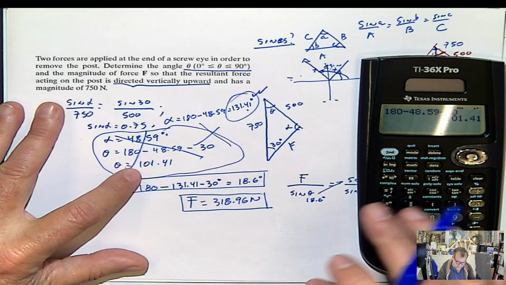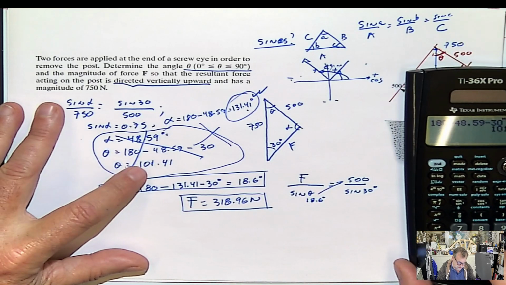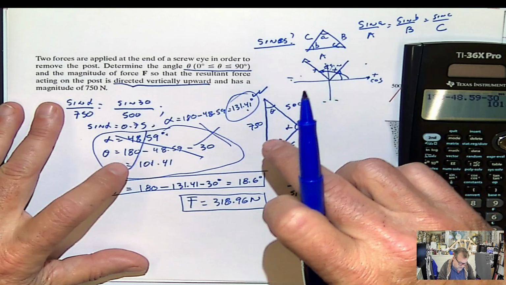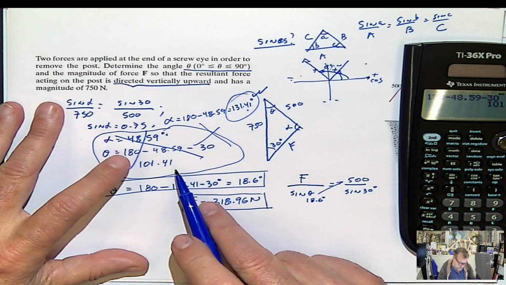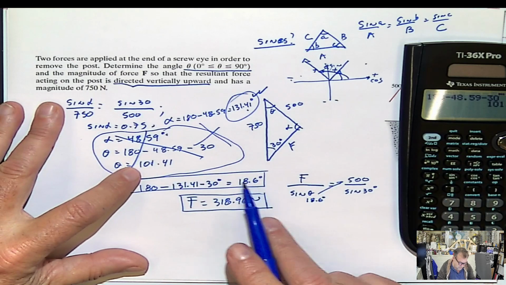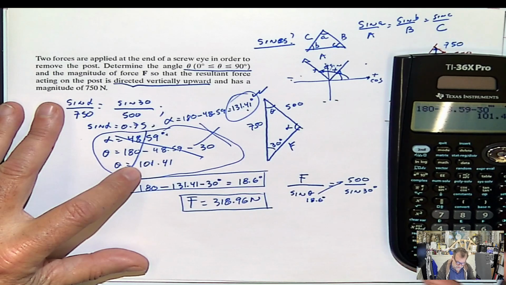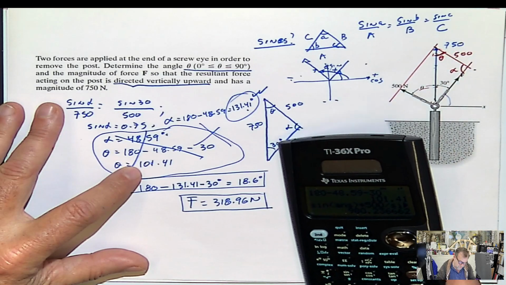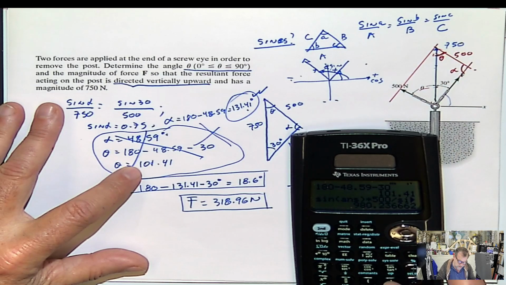I calculated it before and I'm recalculating it. So this is the angle that I have. So if instead of putting that angle over there, I put that one, that would be sine of that multiplied by 500 divided by sine 30. And that will be another value for force, you see, 980.